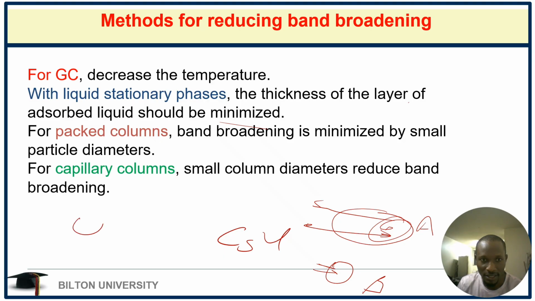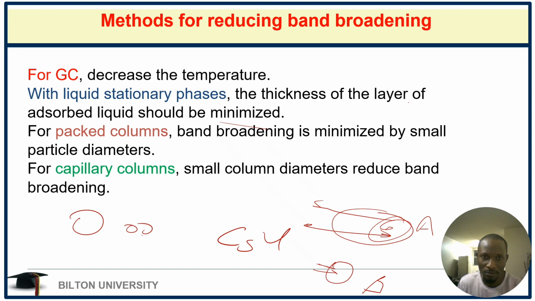Remember the eddy diffusion. If you have larger particles, meaning larger particle size of the packing material, you are going to have band broadening because you are going to create multiple path terms, remember A in that Van Deemter equation. But if you have a smaller particle size, you are going to minimize band broadening because you are going to lower the multiple path term.